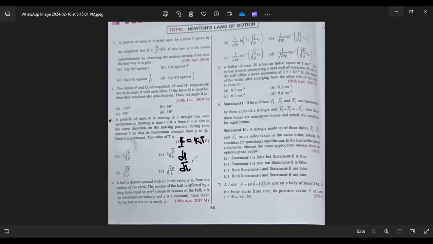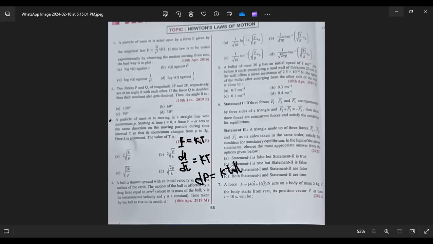So dp upon dt is equal to kt. Simply we write kt. After that, dp is equal to kt into dt.